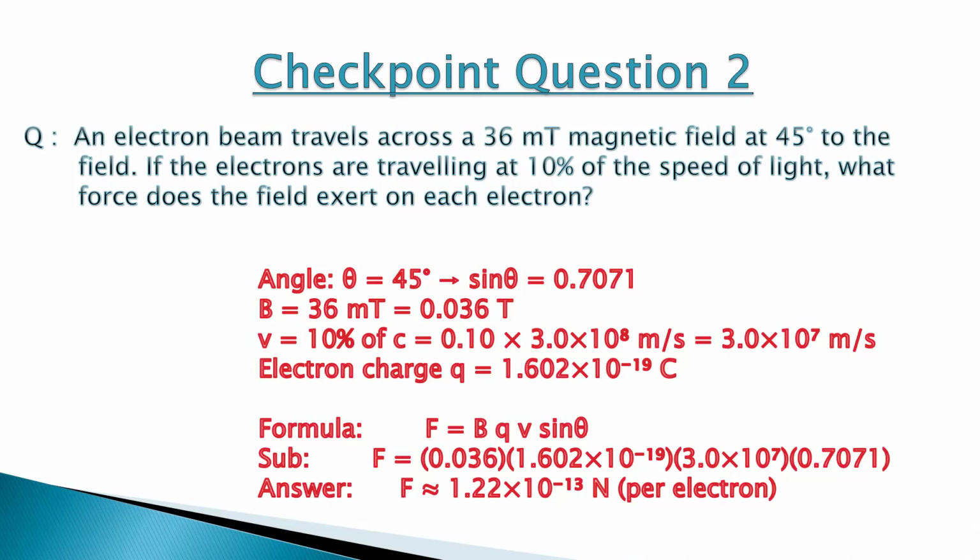Doing the multiplication gives about 1.22 × 10^-13 newtons on each electron. This is a very small force on one electron, but because an electron beam contains many electrons, the net effect on the beam can be noticeable.